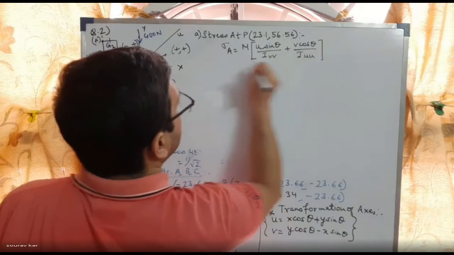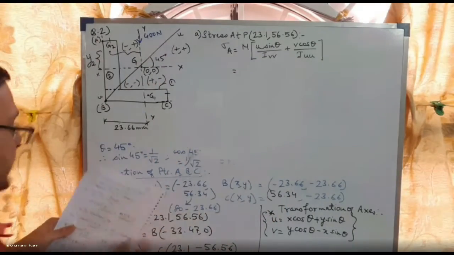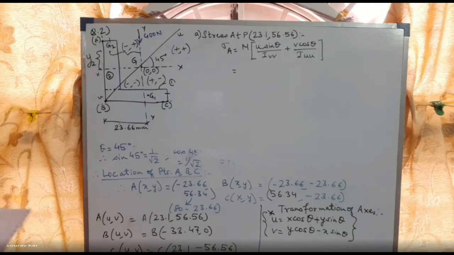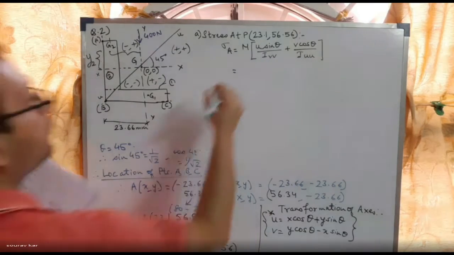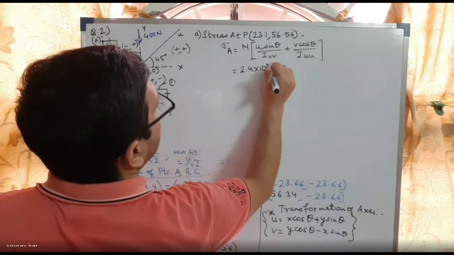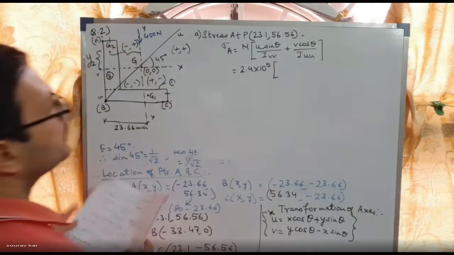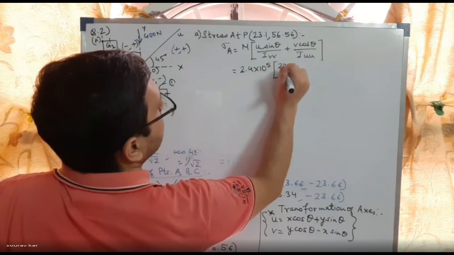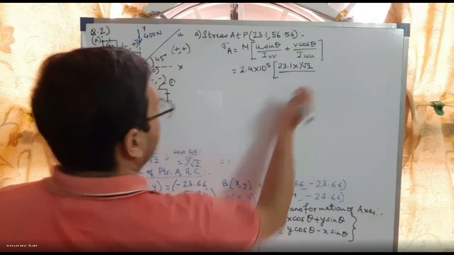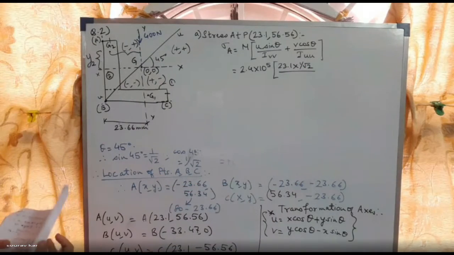So just put the values here. The maximum bending moment we have got is 2.4 into 10 to the power 5, plus U 23.1 into 1 by root 2, whole divided by IVV.